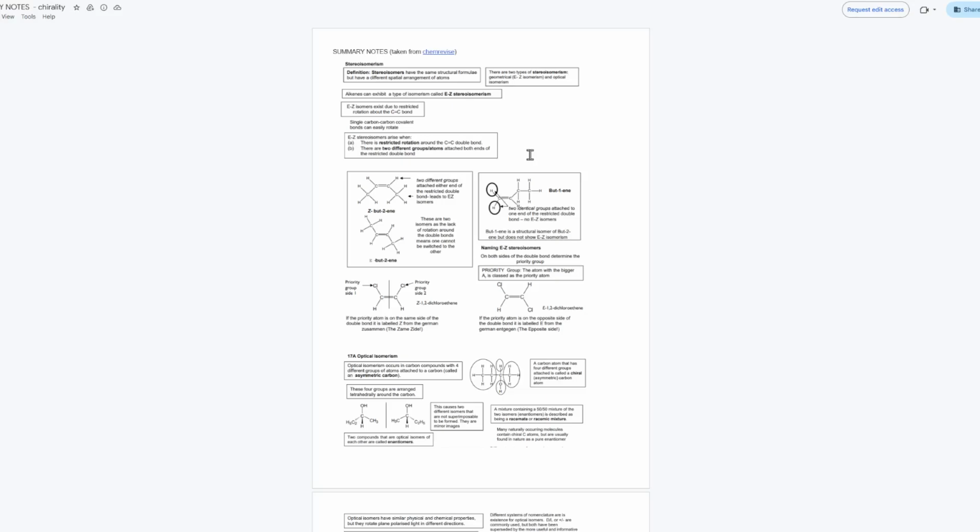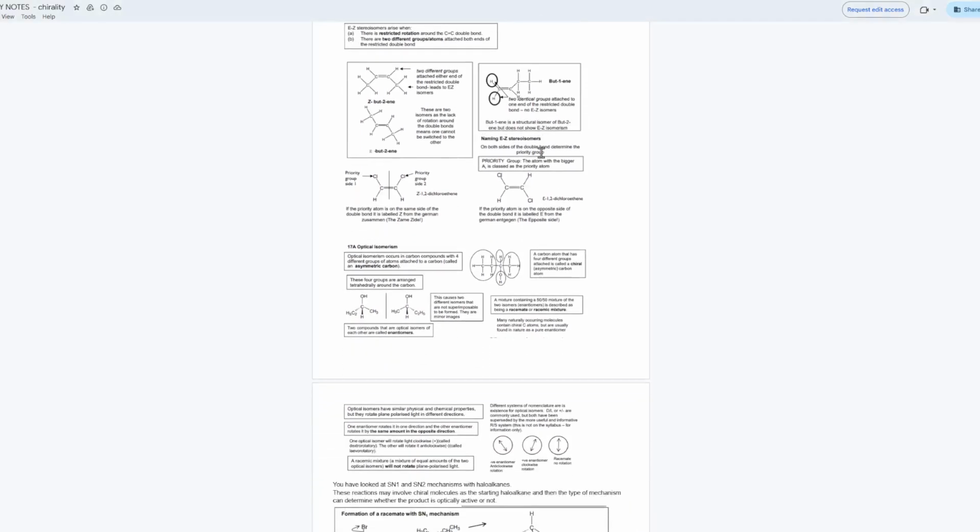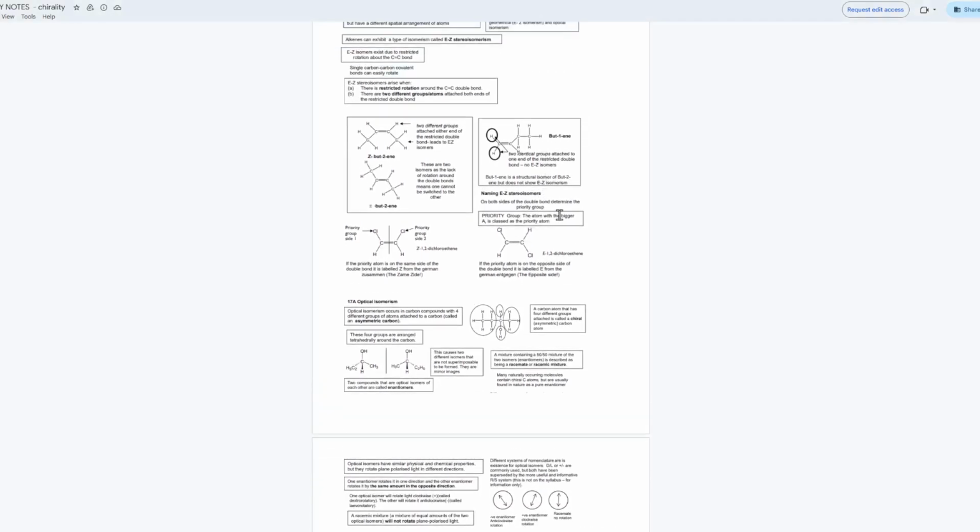Alkenes can exhibit stereoisomerism. E/Z isomers exist due to restricted rotation around the carbon-carbon double bond. Single carbon-carbon covalent bonds can easily rotate. E/Z isomers arise when there is restricted rotation around the C=C double bond, and there are two different groups of atoms attached to both ends of the double bond.